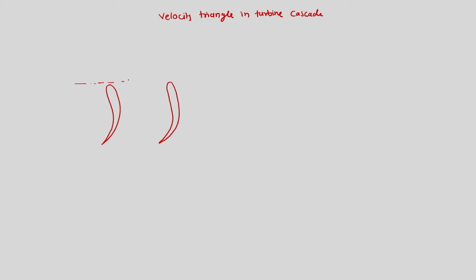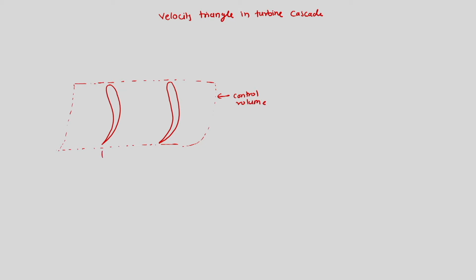So, this is our control volume, which includes one pitch at least. So, this is the turbine cascade, and now this is the control volume.